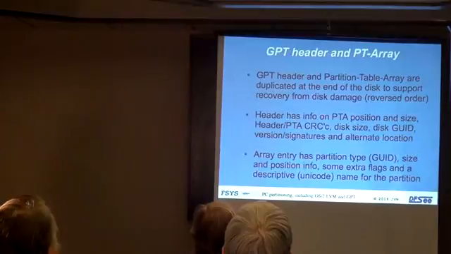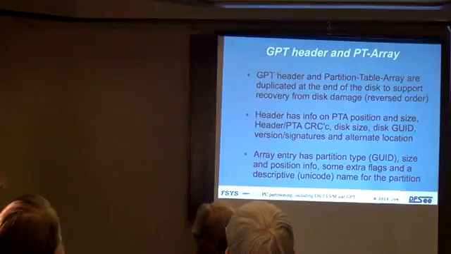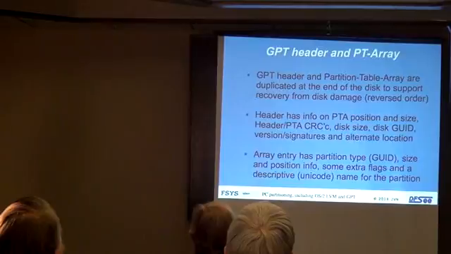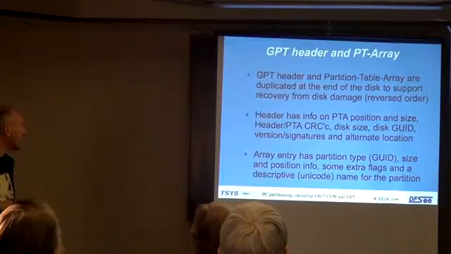Okay, the GPT information consists of two parts. There's a header that describes how large the actual array of information is, and there's some other administrative stuff in there. And there's the partition table array information, and that is duplicated at the end of the disk.